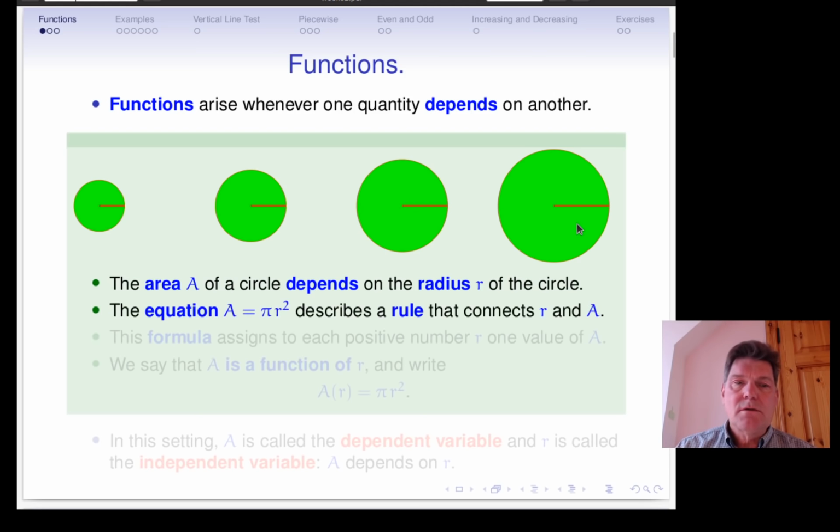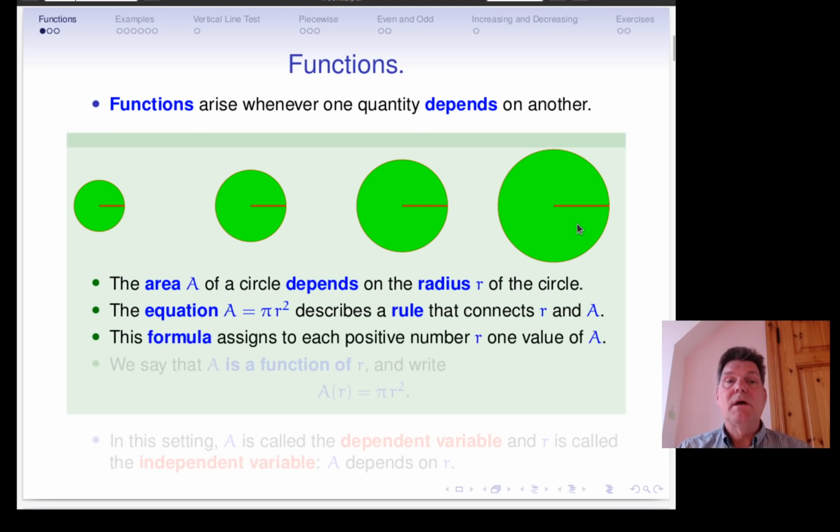The equation A equals pi times r squared makes that dependency more precise. It shows that the area grows with the square of the radius, and there's the circle number pi involved. This gives a precise rule that connects r and A, that allows us to compute A from any given r.